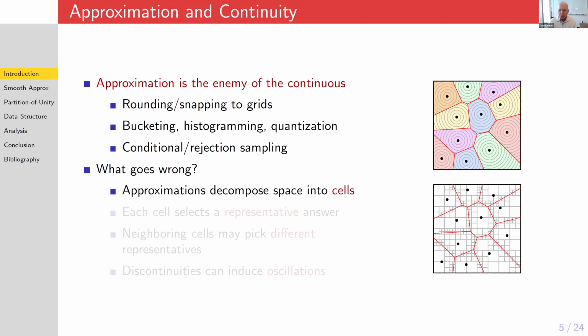Well, the problem is approximation is going to decompose things in space. For example, using a quad tree would be a very natural way in which to do this. Each cell of the quad tree, you decompose the cells until you are within the epsilon error that the user has provided to you. And then each cell is just going to decide who the nearest neighbor is. I hope you can see my cursor.